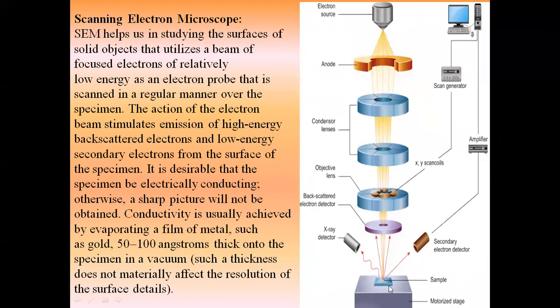Here also the process is approximately the same, because the source of electrons is the electron gun, which has a V-shaped tungsten filament. But the voltage varies. In TEM, for transmission, we were using high voltage, that is 80 to 300 kilovolt.